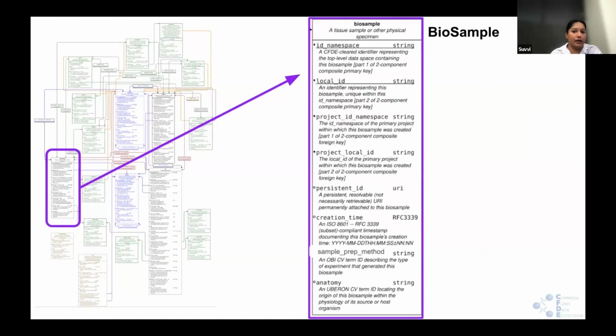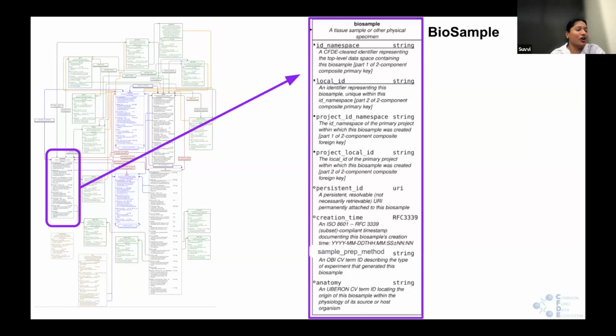C2M2, in its present state, describes various core entities. It describes subject metadata. It describes diseases. It's able to capture biochemical compounds associated with the data, assays, and analysis types that generated the data.